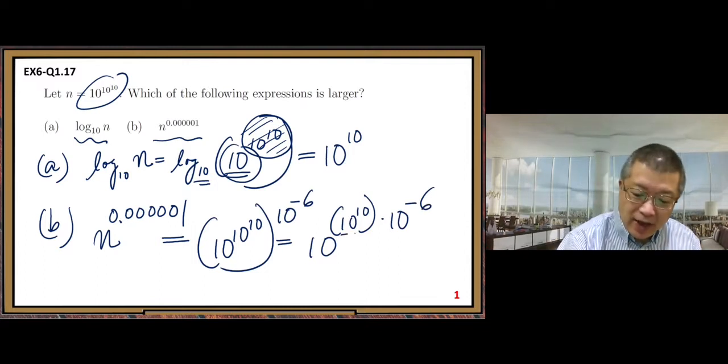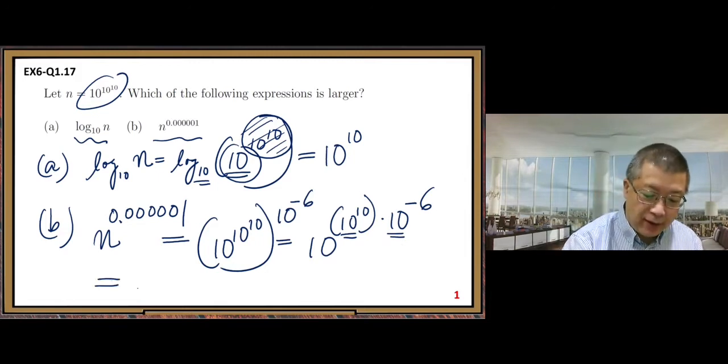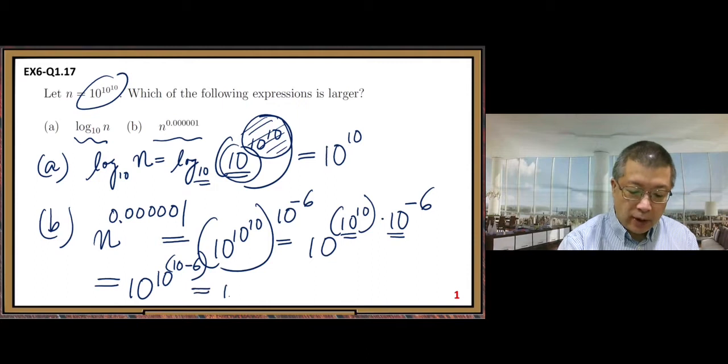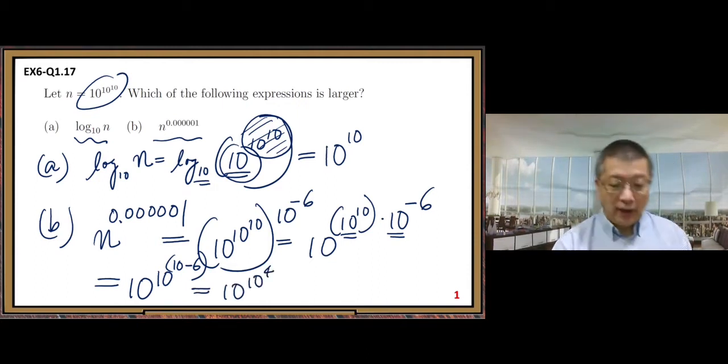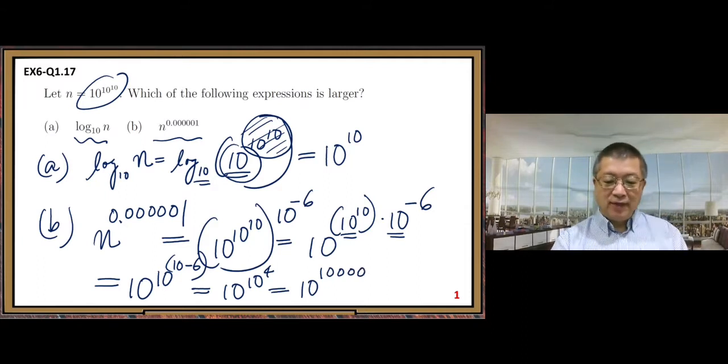Same base, very good, so then we can simplify: 10 minus 6, 4. 10 to the 10 to the 4th. Then 10 to the 4th is 10,000.